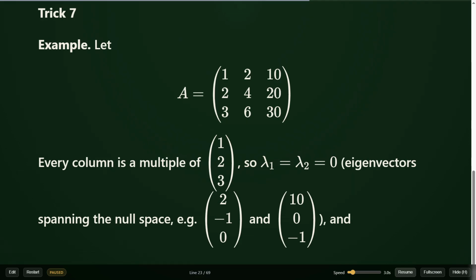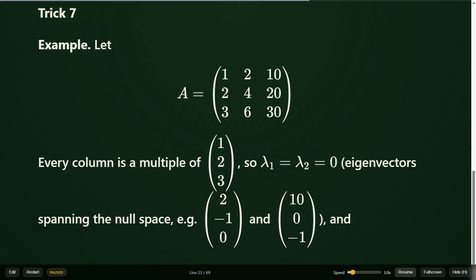So every column is a multiple of 1, 2, 3. Therefore, in this particular case, the matrix has two eigenvalues equal to 0. So lambda 1 is equal to 0 and lambda 2 is also equal to 0.